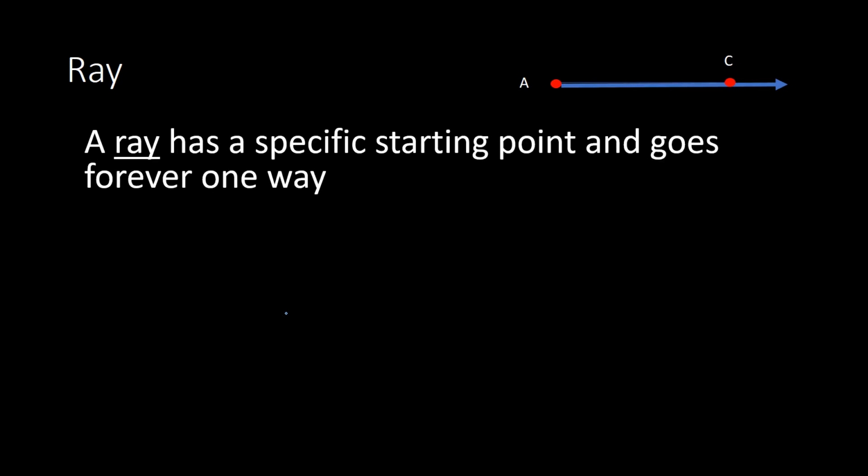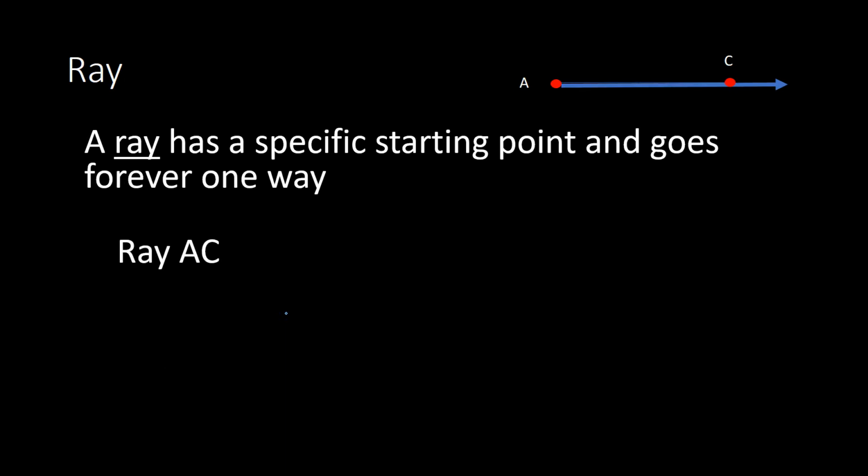Okay, a ray is another term to know, and it's similar to a line and a line segment, but we see here a ray has only one endpoint, and it keeps going forever in one direction. Okay, so a ray has a specific starting point and goes forever one way.